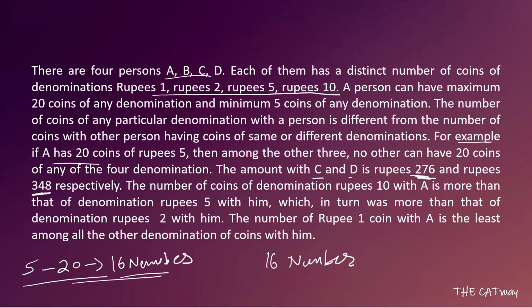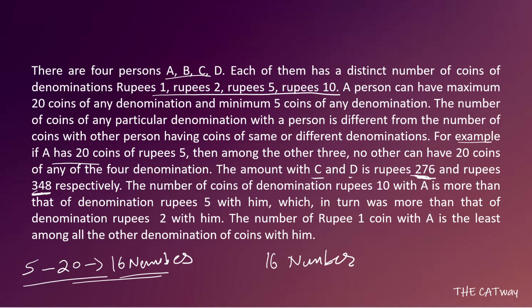Once your way of adding up 276 and 348 is formed, then the set is a very easy one. But until that, it's a very tough one, because the only way to go about it is by observation and some hit and trial, because no information is given to us in this set.